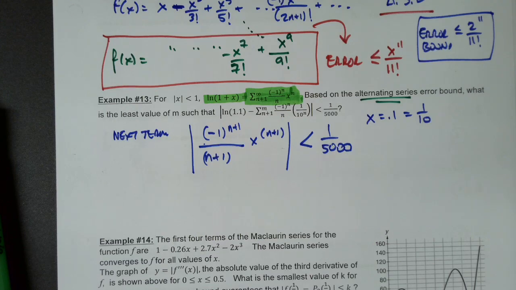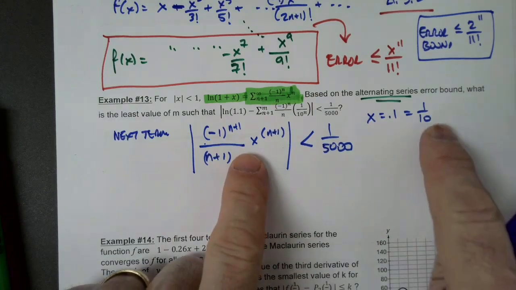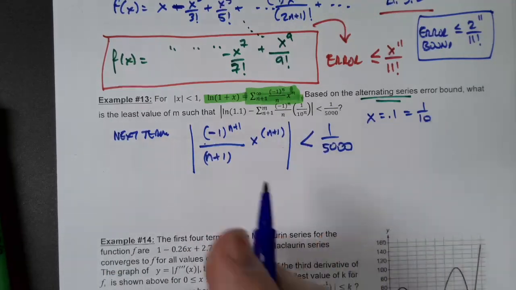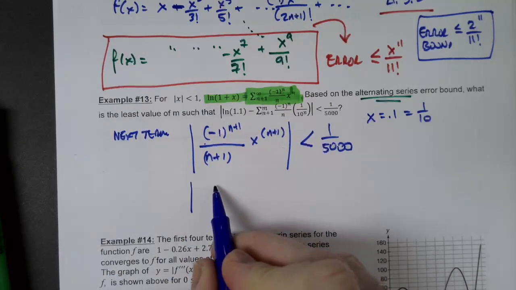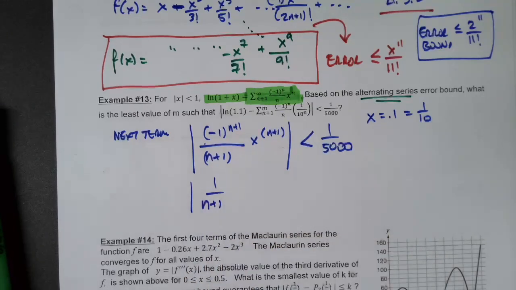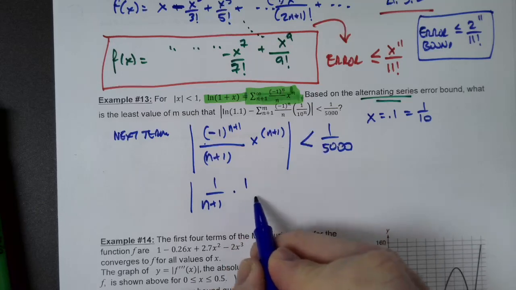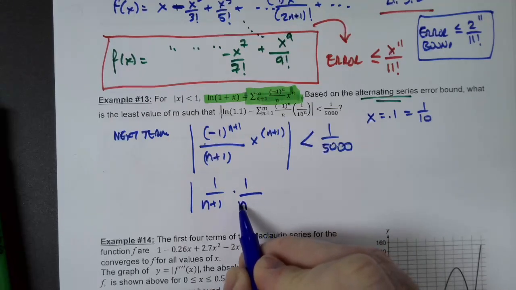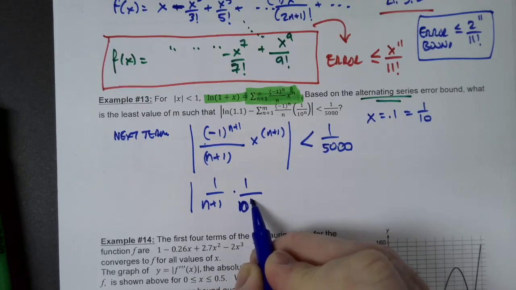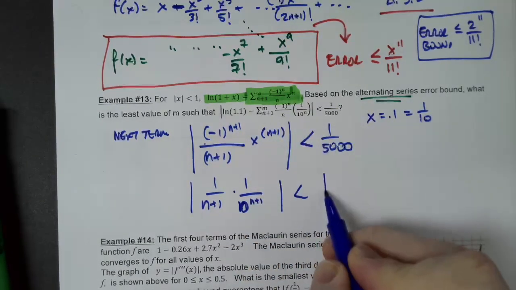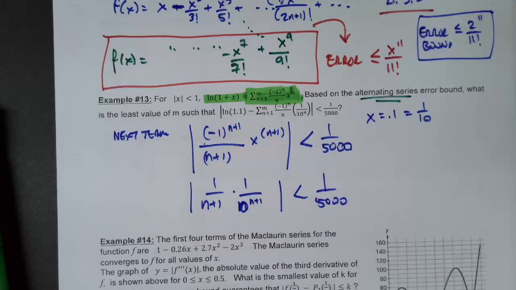It's going to be a little bit of a guess and check here. I do know that x is going to be 1/10, so I will put that in here. This will be 1 over n plus 1, and then 1/10, or 10 to the n plus 1 power. I just put in 10 in that. That has to be less than 5,000.